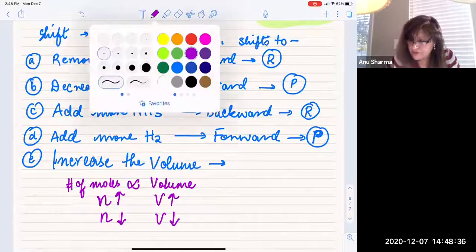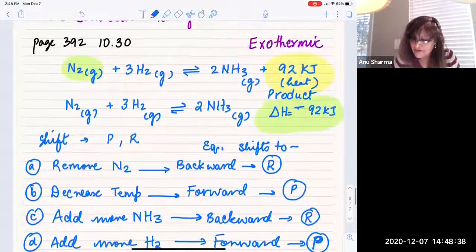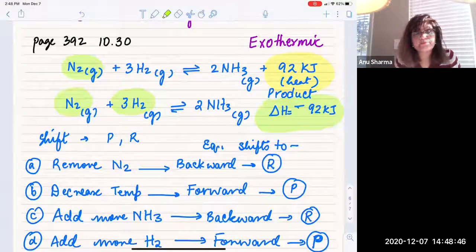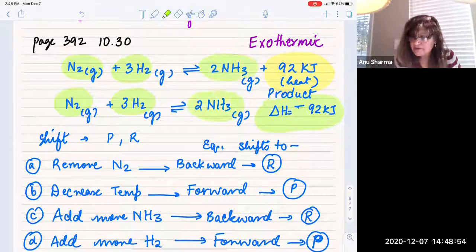So now here, let's look at this. Here we have 1 mole of nitrogen plus 3 moles of hydrogen. So total moles are how many? On the reactant side, how many moles do you see? 4. And how many moles on the product side? 2.